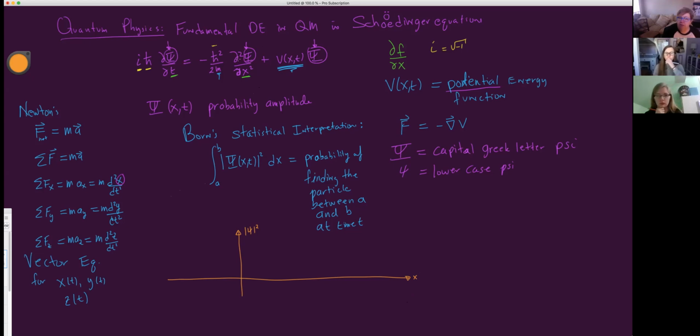And these derivatives, you'll have a derivative with respect to, say, r, which is a function of x, y, and z. So I should mention that this is the one-dimensional Schrodinger equation. Okay. And we're only going to stick with 1 dimension for this whole class. Never going to go into 2 or 3 dimensions.